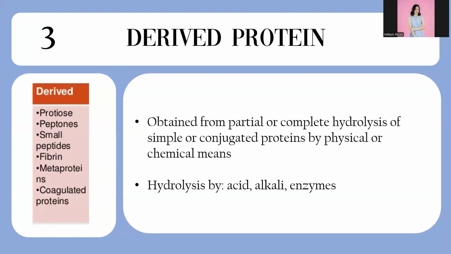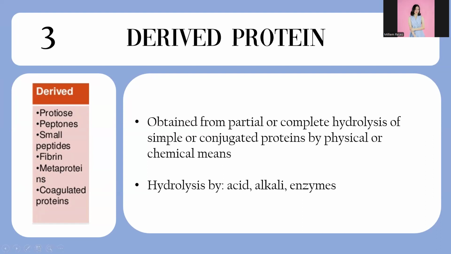Lastly, we have your derived proteins. The derived proteins, in comparison to the simple and the conjugated, you obtain them from the partial or complete hydrolysis of those simple or conjugated proteins by physical or chemical means. So hydrolysis can be by acids, alkalis, or enzymes.